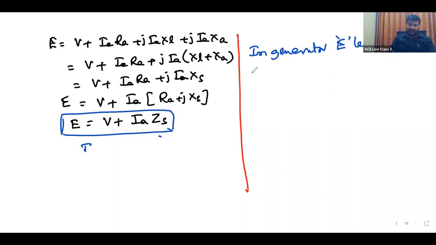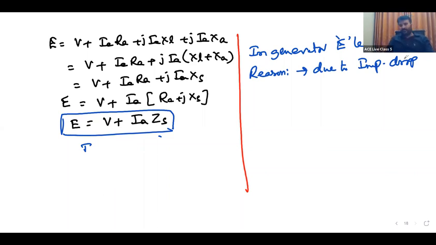The reason is the impedance drop. Due to the impedance drop, E leads V.